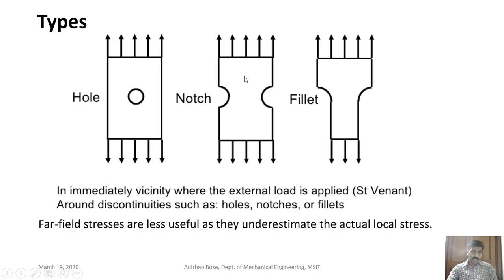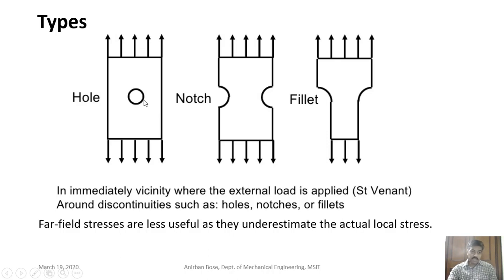Here you can see if there is no hole, it is uniform. Based on that maximum value, we set a criterion of failure: if it is less than the strength of the material, then it is safe.